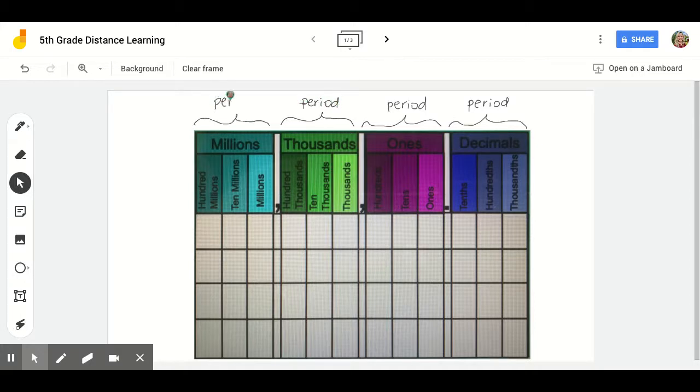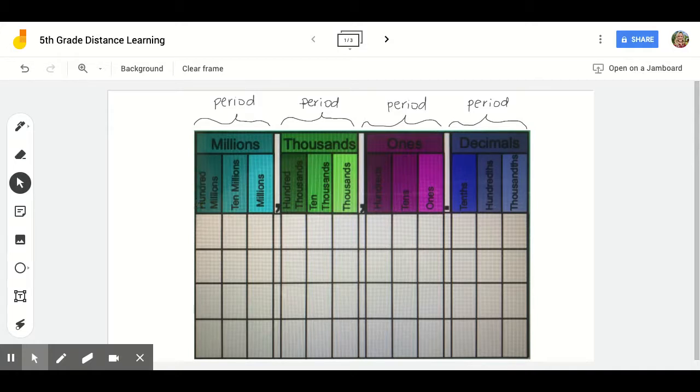Now, you probably already know that the millions period is worth the most out of the ones here on this chart. But you probably even know that the 100 millions is worth the most in comparison to the other ones in the millions period. So between the millions, the 10 millions, and the 100 millions, this one is worth the most.